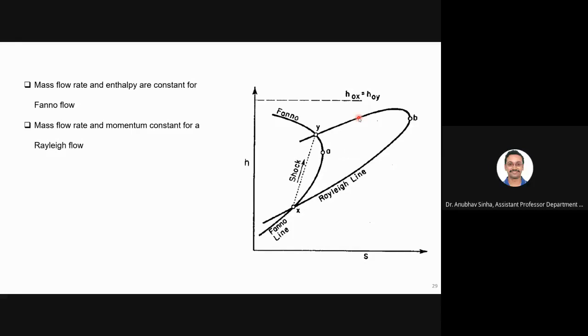What about the Fanno line above A? Subsonic. And this is your maximum entropy point. Below this we have supersonic and supersonic. If you start at point 1, we have a flow condition that is supersonic, and this is how we represent shock. The shock goes from point 1 to point 2 and it becomes subsonic.